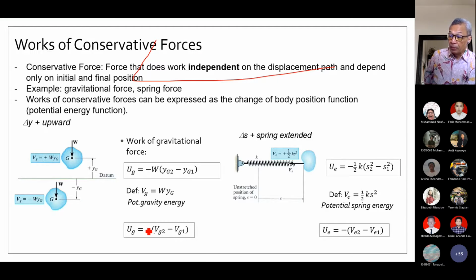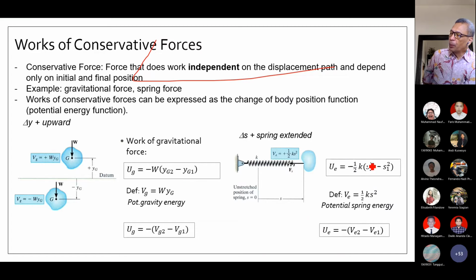Karena tadi kita sudah hitung kerjanya seperti ini dan suku kanan ini bisa kita nyatakan sebagai selisih energi potensial, karena energi potensial kita definisikan sebagai W dikalikan YG. Ini energi potensial kedua, ini energi potensial pertama.